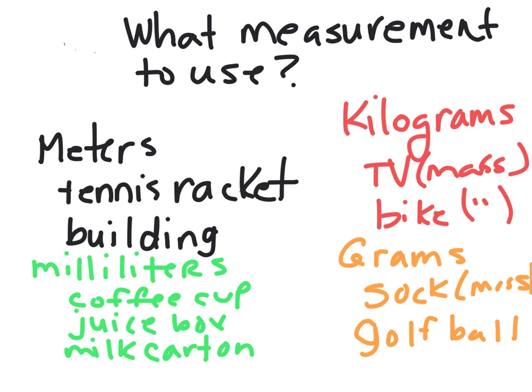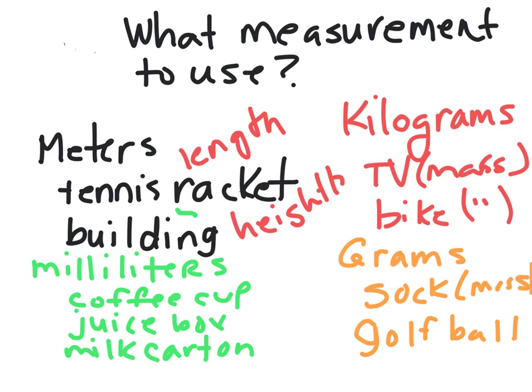So how would you measure? How do you know which measurements to use for what? In meters, I could measure the length of a tennis racket, or how tall a building is, the height.